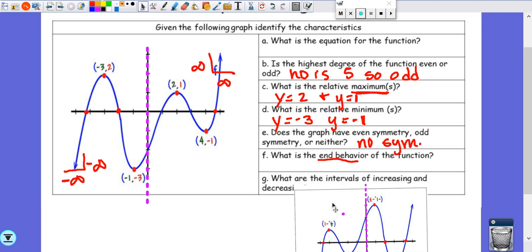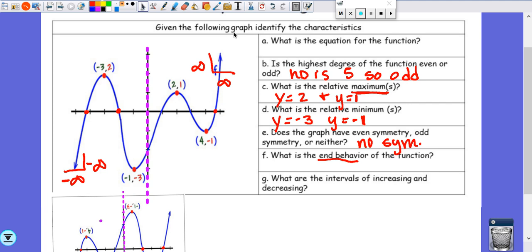So I would write this as, the end behavior would be, as x approaches, and let's do the left side first, negative infinity, as f of x, or the y, approaches negative infinity as well, because the y values are going to be negative because this is pointing down.